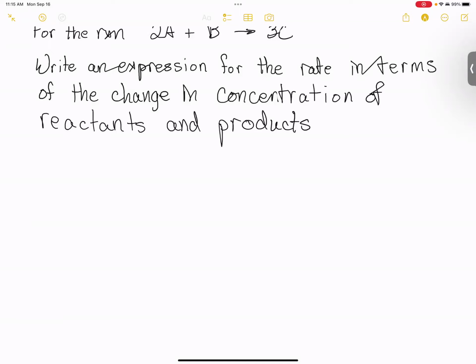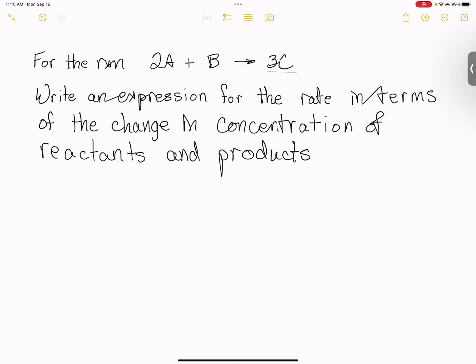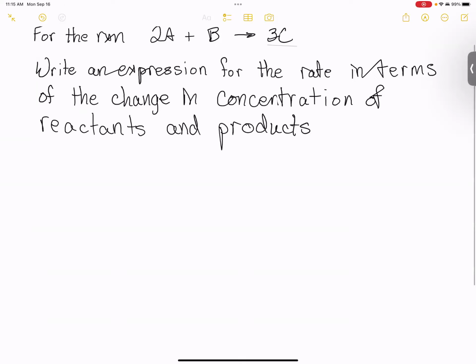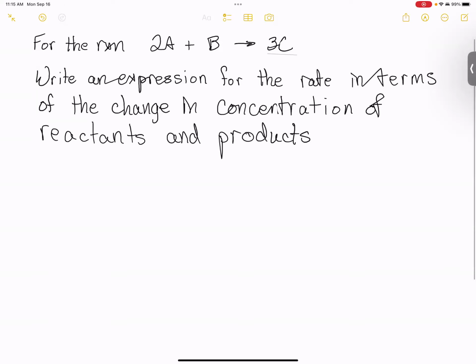Okay. So for the reaction 2A plus B goes to form 3C, write an expression for the rate in terms of the change in concentration of reactants and products. If you'll recall, the rate is going to be related to the loss of reactants, and the rate is going to be related to the gain in products. We represent the loss with a negative value.